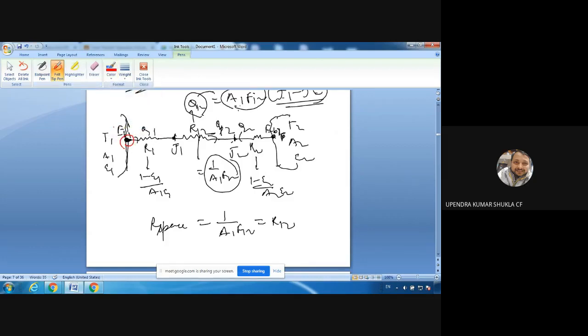Here the voltage is EB1, higher voltage, as I have assumed higher temperature, and here is EB2. Between the two there are three resistances, R1, R12 and R2, all in series. So we will add up all these resistances and divide the voltage difference EB1 minus EB2 by the total resistance, which will give you the heat exchange. This is the simplest way we can do it, and this is the way we can proceed.